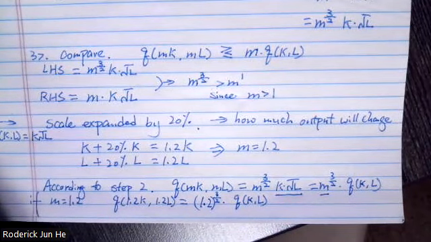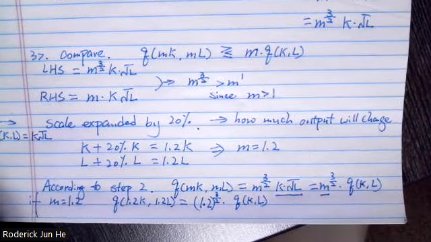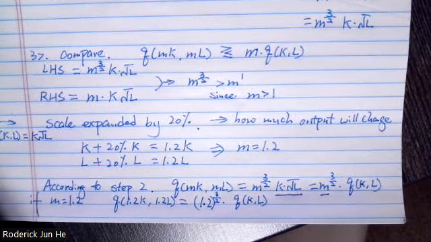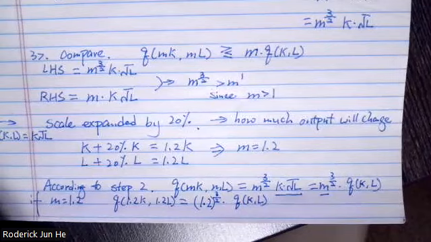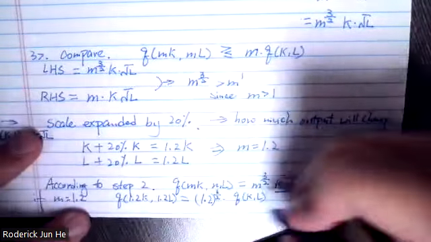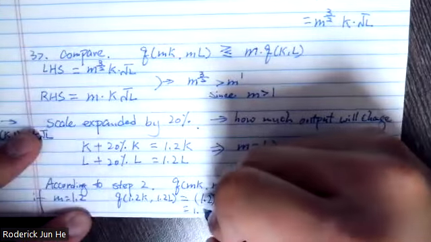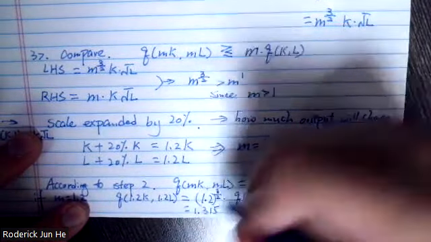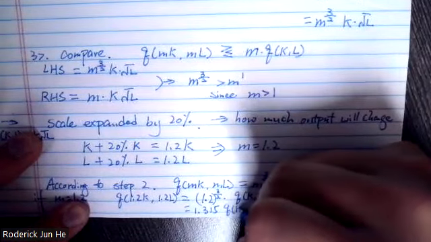So I just need to use a scientific calculator to calculate this. 1.2 to the power of 3/2 equals 1.315, times Q(K, L).